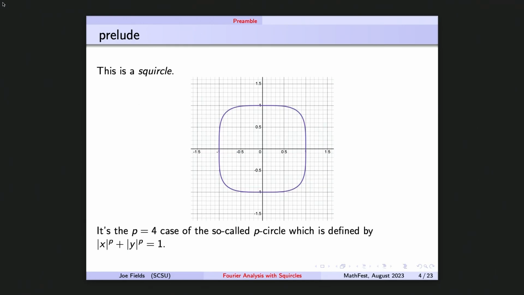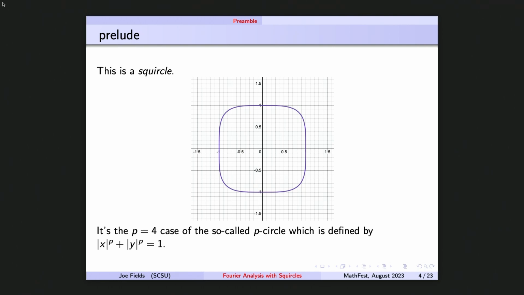Just in case people hadn't seen Rob's talk, and a few people did squeak in between the talks, I thought I'd quickly say, what's the basic idea of squigonometry? That's the p equals 4 squircle. It's halfway between a square and a circle, so squircle. The equation looks like x to the p plus y to the p is 1.